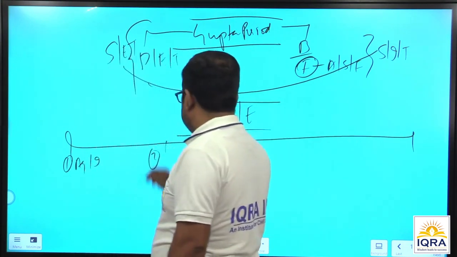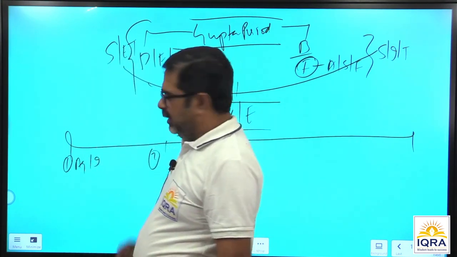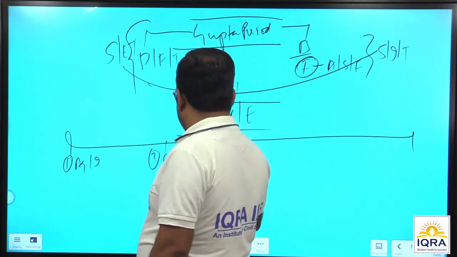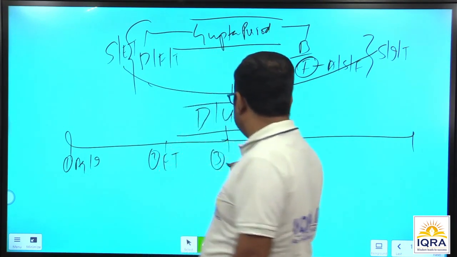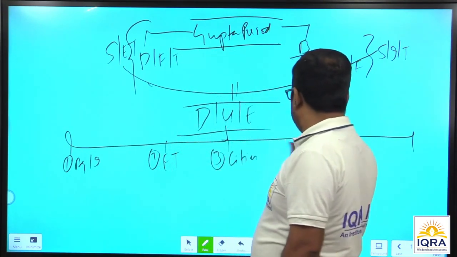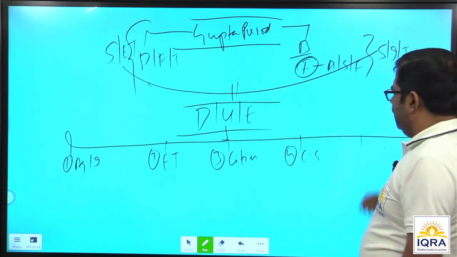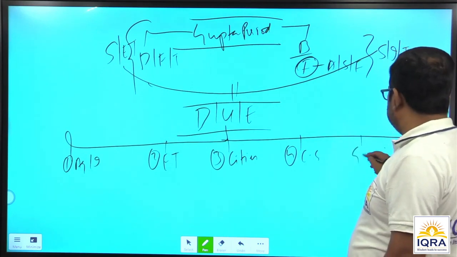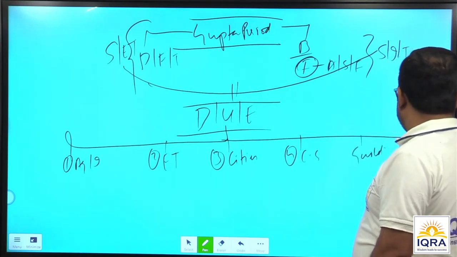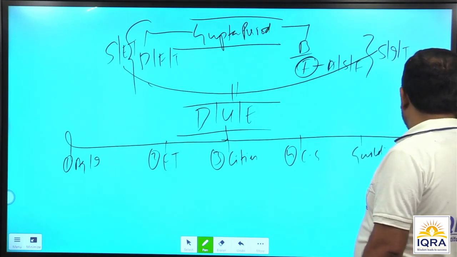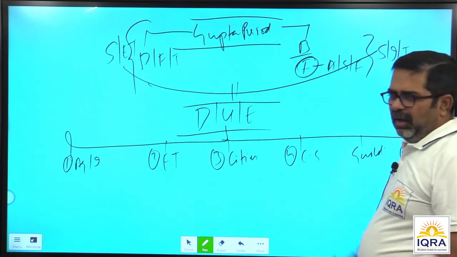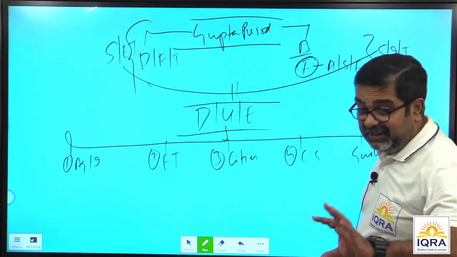Second, external trade. Third, cities. Fourth, currency system. Fifth, guild system. Sixth, vaishyas.